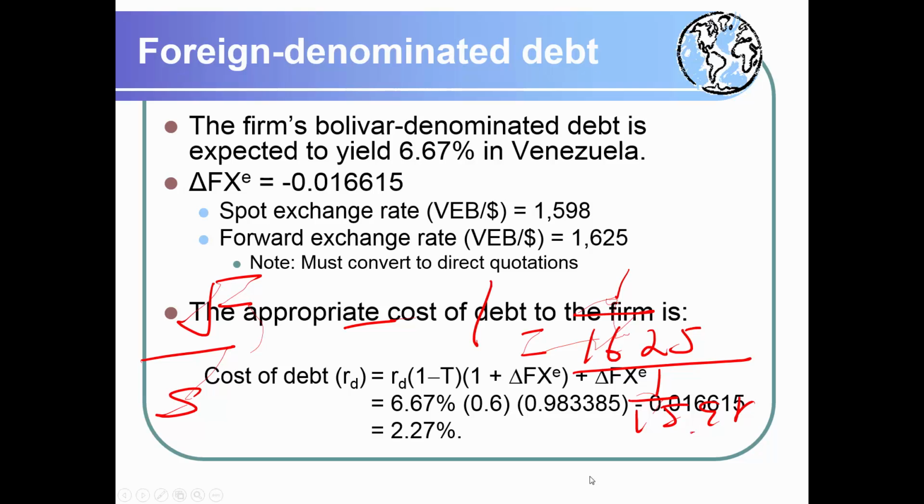And plus delta FXC, the last part is negative 0.01615, and that gives you a cost of debt of 2.27%.